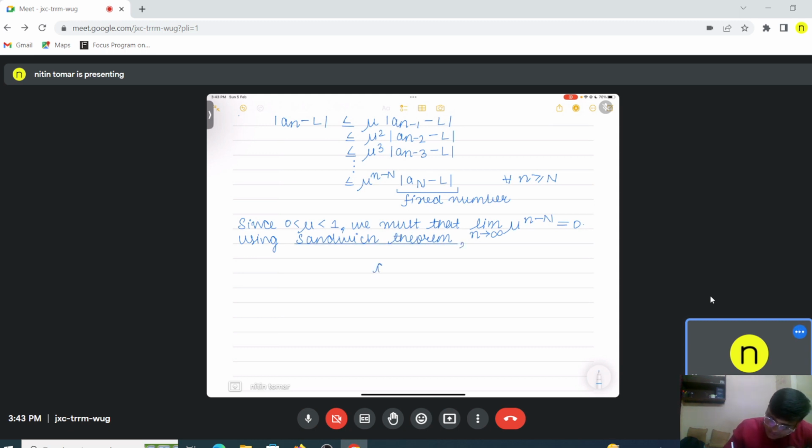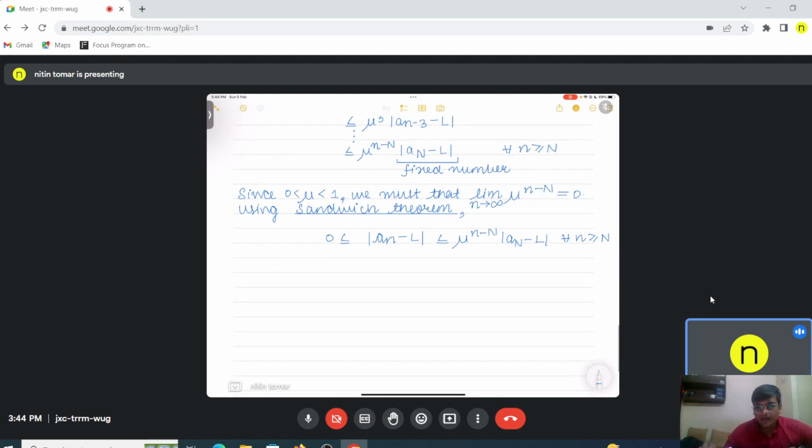It says, because we have proved that |a_n - L| is anyway greater than or equal to 0, and already we have proved that this upper part is also true for all n greater than or equal to N. Now because the convergence of the sequence does not, I repeat, does not depend on the behavior of the initial finitely many terms, it does not matter what happens before the stage capital N. So the sandwich theorem will say the limit will also follow this inequality.